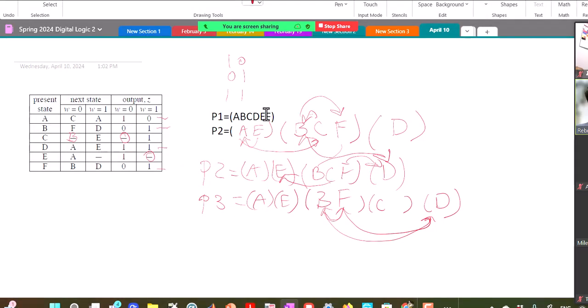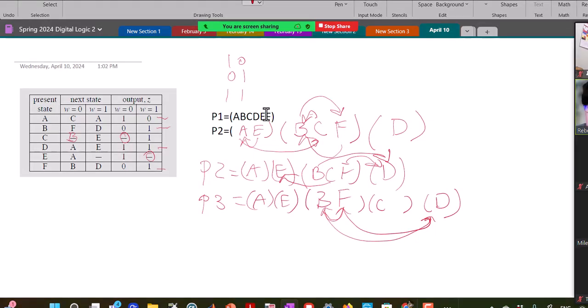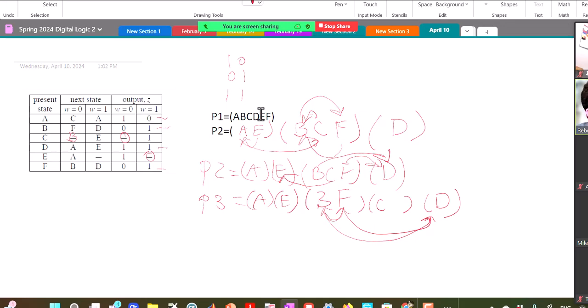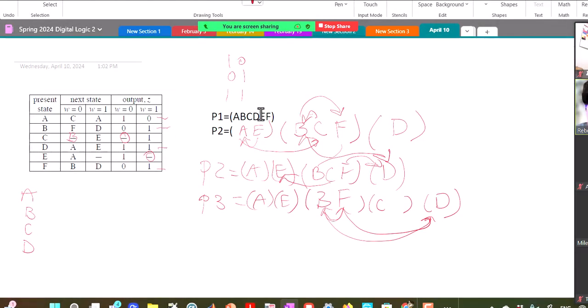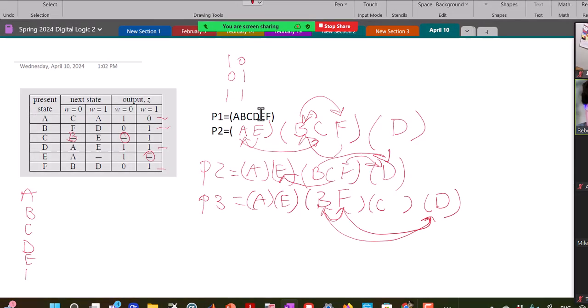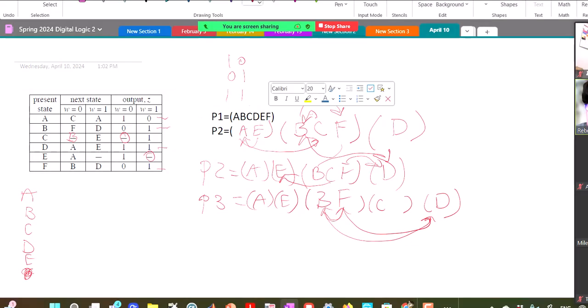Okay, so this one, the only two we combined were B and F, and so if I do my state table here, I would have A, B, C, D, E, and F. Actually, I do not need F.